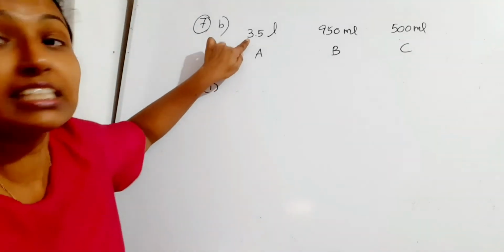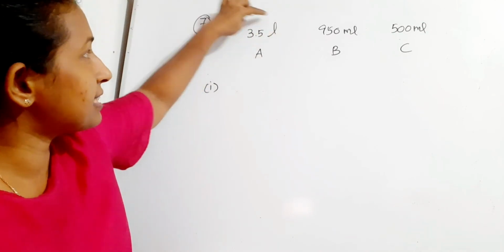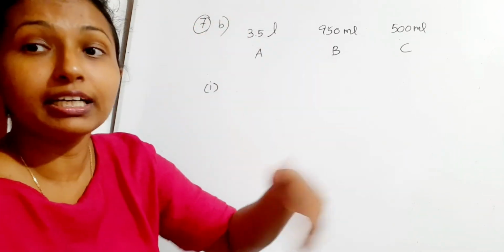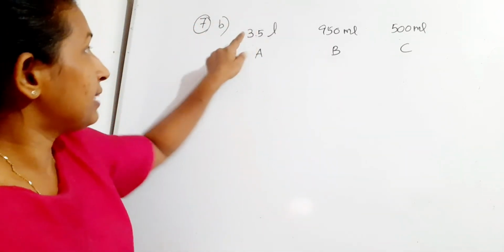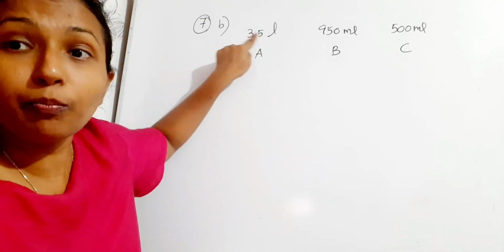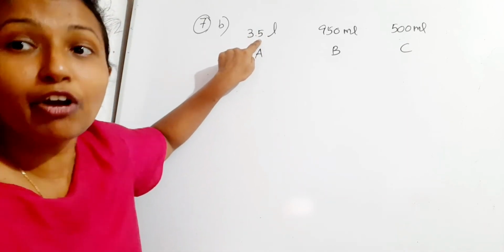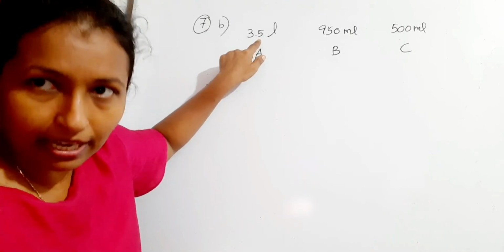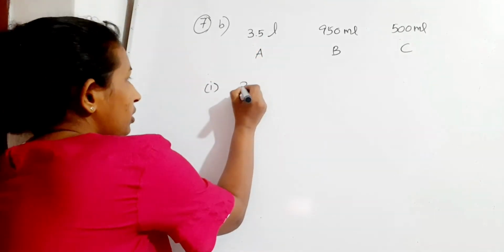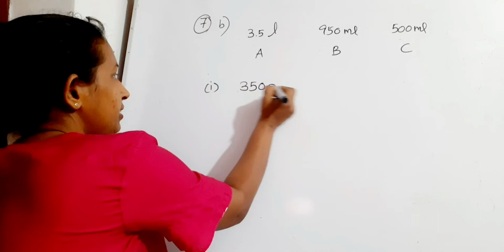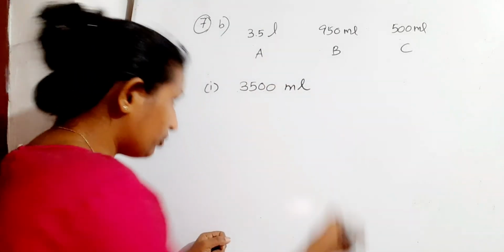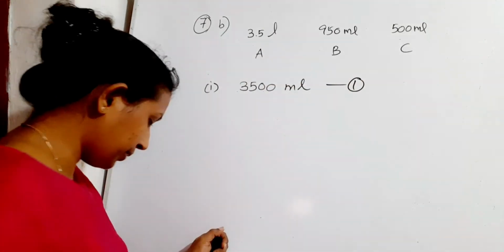You have to multiply 3.5 by 1000 to convert liters to milliliters. 3 means 3000, and 0.5 means 500. The total is 3500 milliliters. You will be given 1 mark for that.